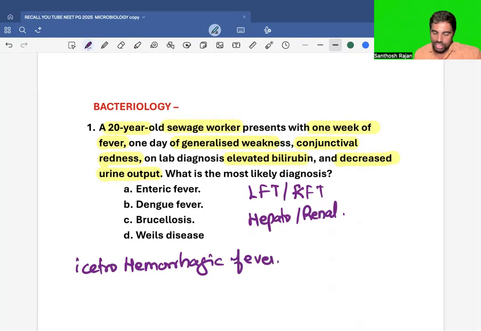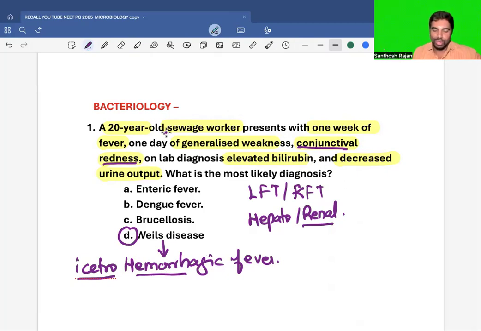When you say icterohemorrhagic fever, this is another name for Weil's disease. Icterus because of the liver problem. Hemorrhage, because of which you are having conjunctival redness, and also associated with renal failure. So your combination will go towards Weil's disease. Enteric fever, rule out. Dengue, no link. Brucellosis, there is no food or milk history or anything. It's not zoonotic, no such history is given. So it's directly Weil's disease.